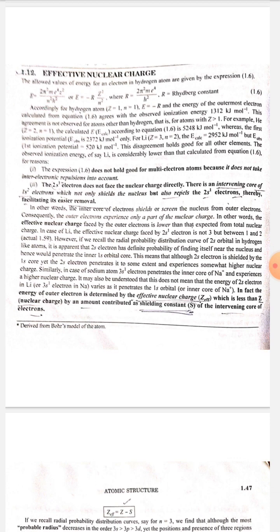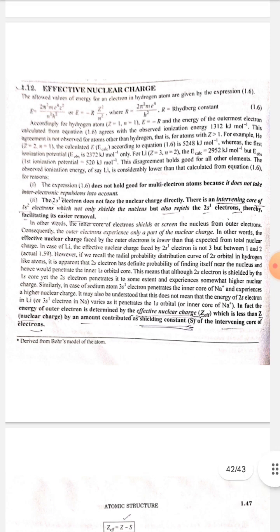In case of lithium, the effective nuclear charge faced by the 2s¹ electron is not 3 but between 1 and 2, actually 1.59. However, if we recall the radial probability distribution curve of the 2s orbital in a hydrogen-like atom, it is apparent that the 2s electron has a definite probability of finding itself near the nucleus and hence would penetrate the inner 1s orbital core.